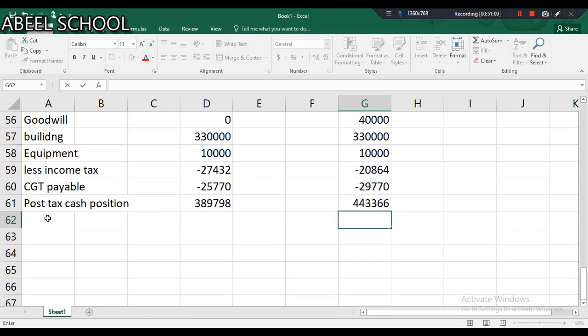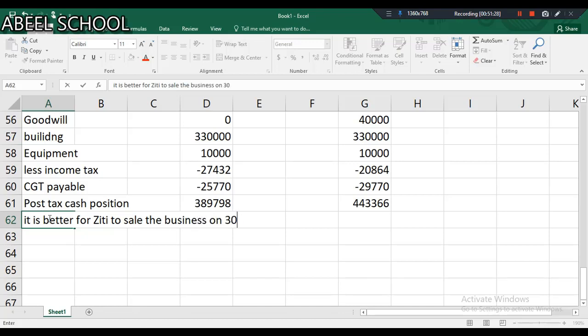Oh no, it is better for Ziti to sell the business on 30th April 2023. Definitely it is better.